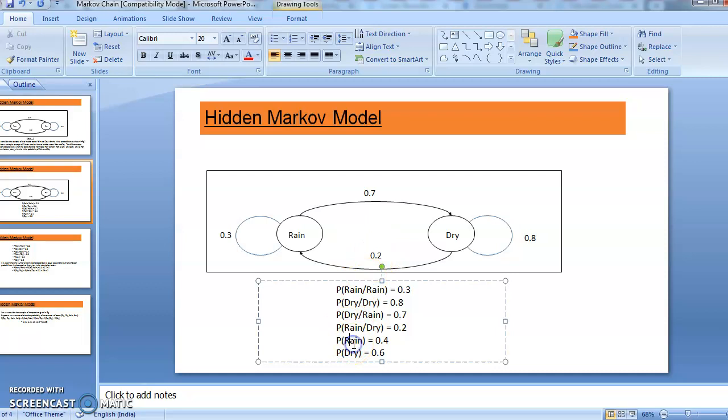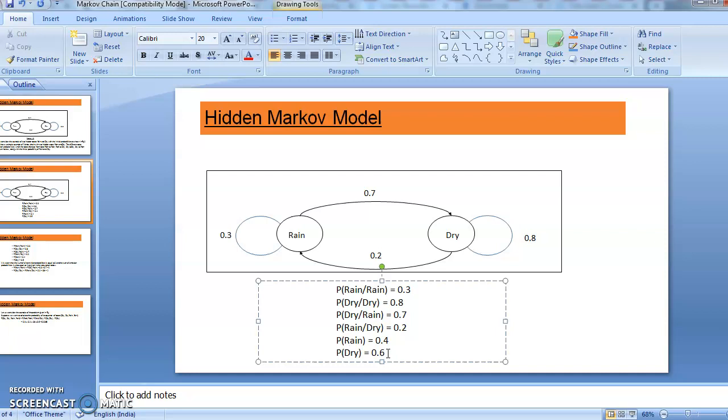The initial probabilities given are P(rain) is 0.4 and P(dry) is 0.6. These are the initial probabilities which will be provided in the example. The sum of transitional probabilities is always 1, and the sum of emission probabilities is always 1.